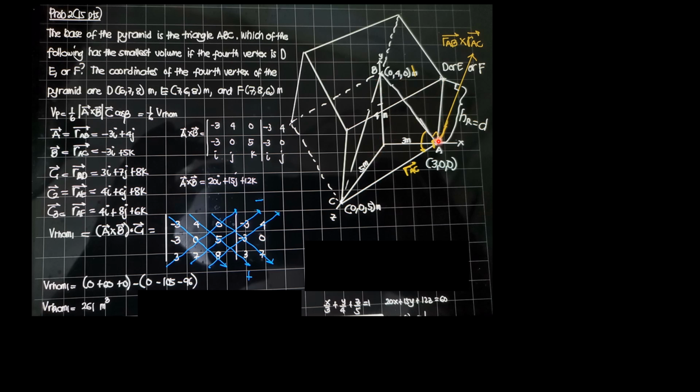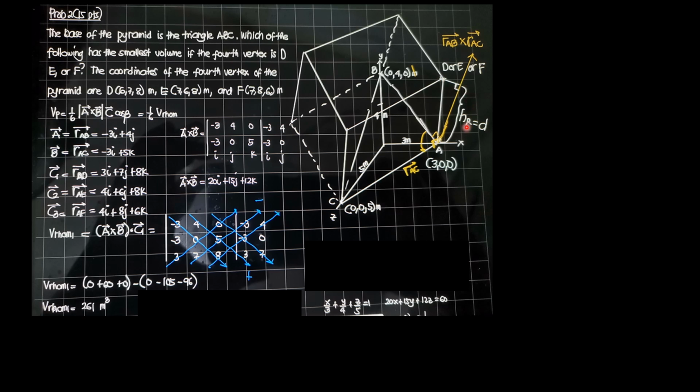Remember that if we cross this side AB here by the right thumb rule, and this side AC in vector form, your right thumb will point in that direction. So it should be RAB cross RAC, so that this will be the defined vector, which is close to D or E or F, because the coordinates of D, E, and F are all positive. So it should be closer to that.